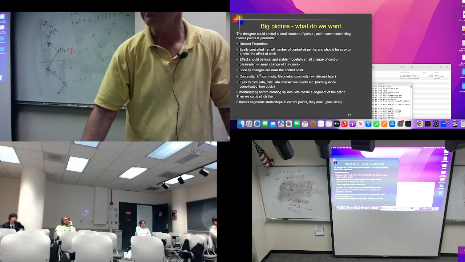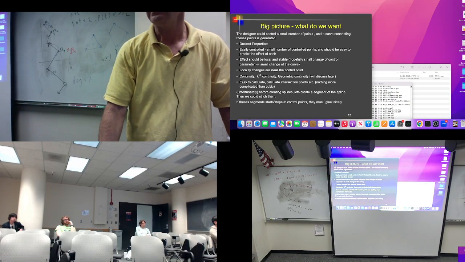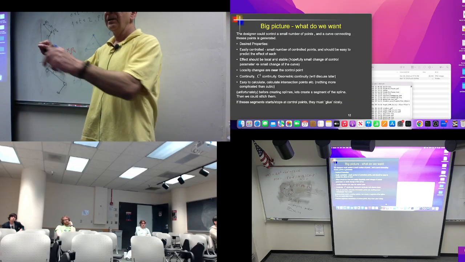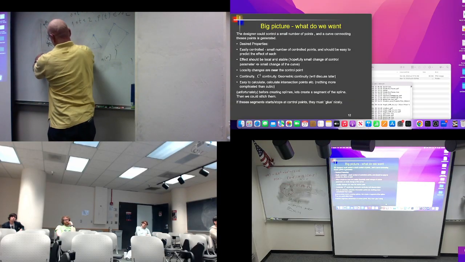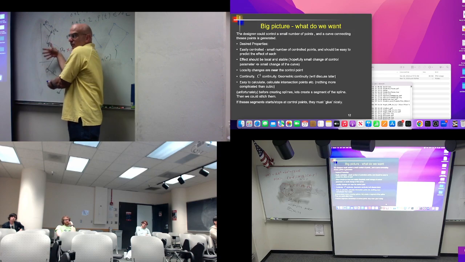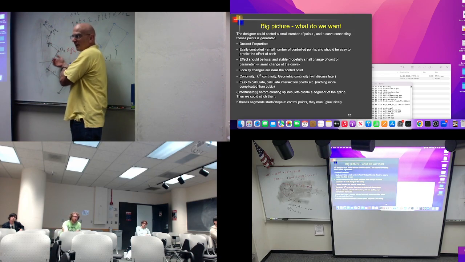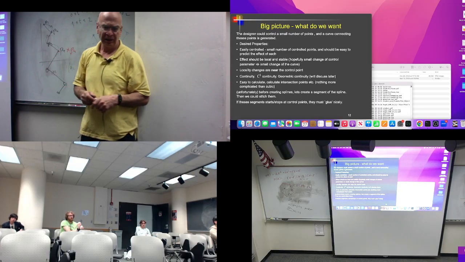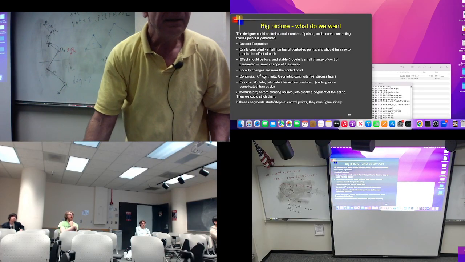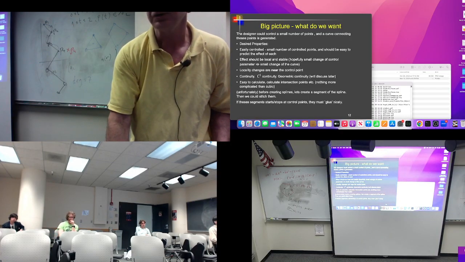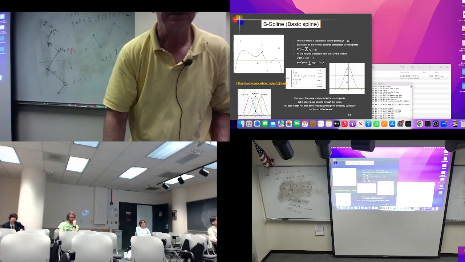It would be nice if it were rotation invariant. If I rotate my control points, the curve should normally rotate. It should not prefer a particular x direction or y direction. We'll talk about more continuities that are also desirable for different reasons.